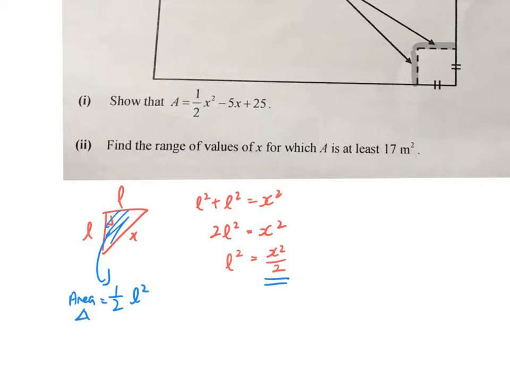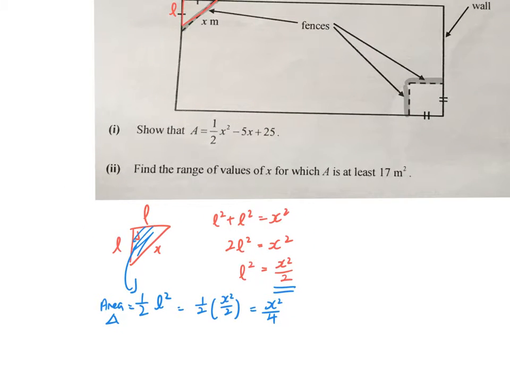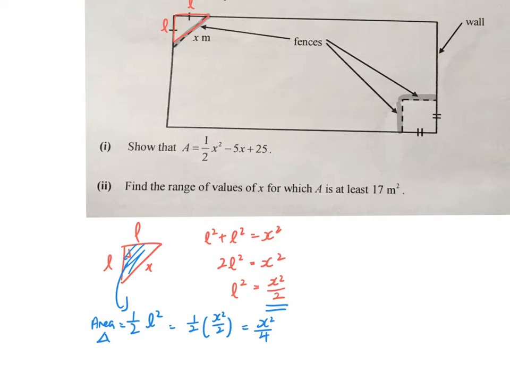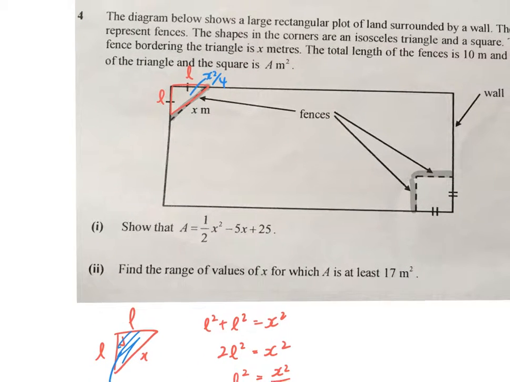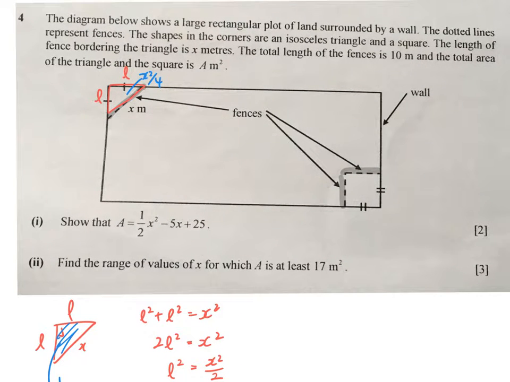In terms of x, it's the same as half multiplied by x squared over 2, which gives us x squared over 4 as the area of the triangle. That's cool, right? So now you know that the area of the triangle, this portion, is x squared over 4.